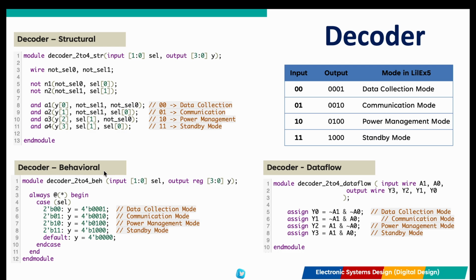This is the standby mode. This is the highest level of abstraction. It doesn't tell the FPGA which gates to use, it tells the FPGA what results we want. This makes the code incredibly easy to scale, if we ever needed to upgrade to a 3 to 8 decoder for more system modes.